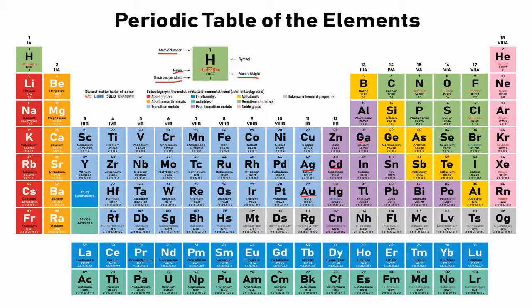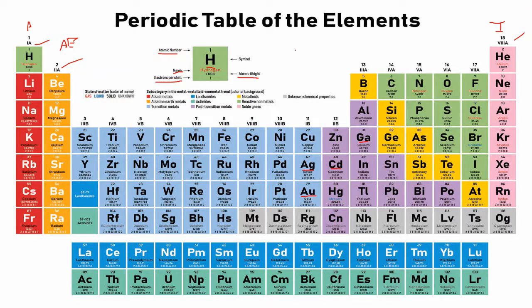The elements are arranged in periods and groups. These are the groups: 1A group, 2A group, 3B group, and so on. We have 8A groups. The 1A group elements are called alkali metals, and the 2A group elements are called alkaline earth metals. Then coming to the 8A group elements, these are called inert elements.